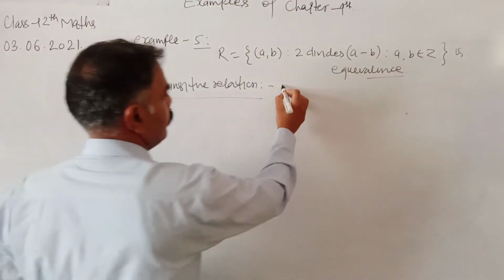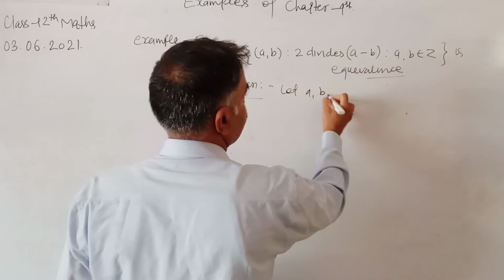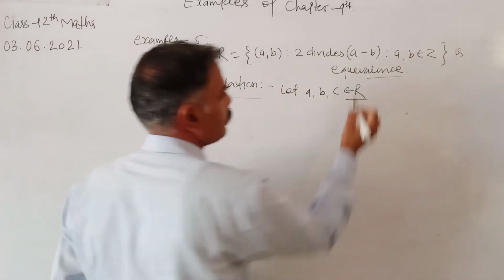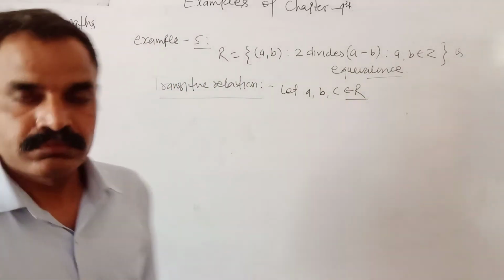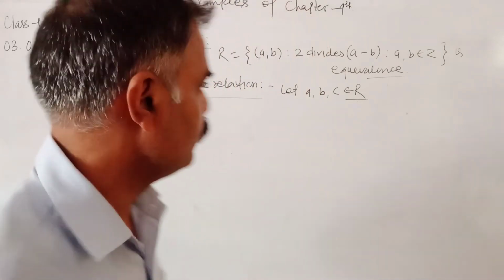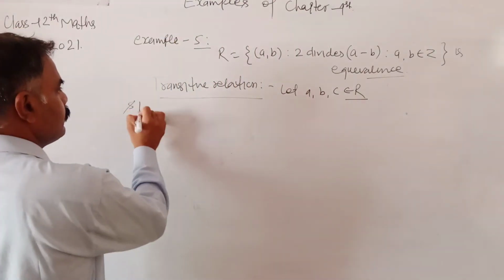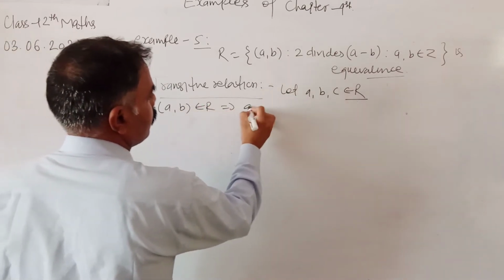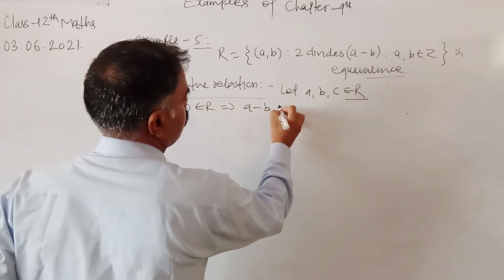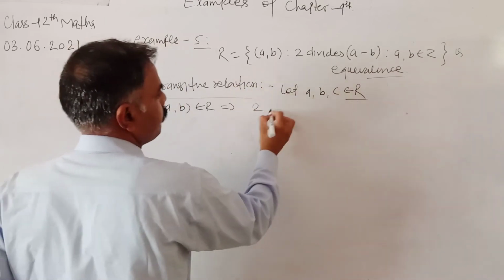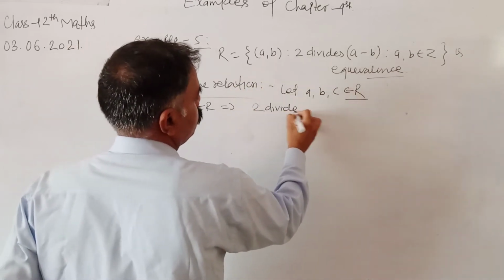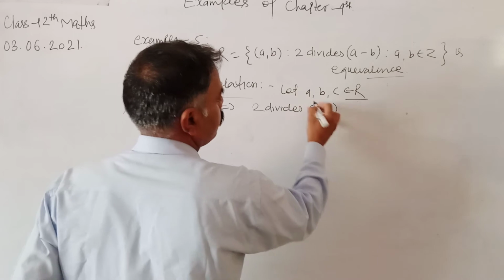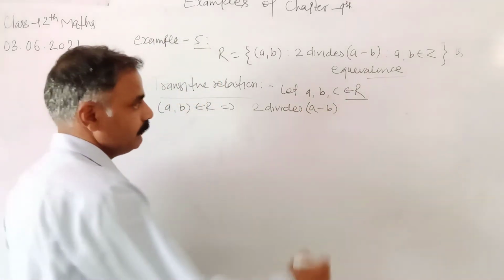So let a, b, c belong to the given relation R, such that (a,b) belongs to R, which implies that 2 divides a minus b.